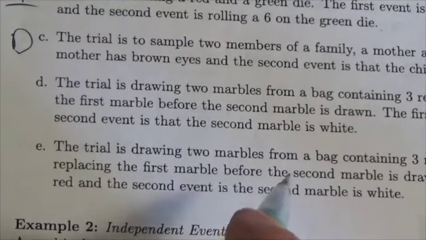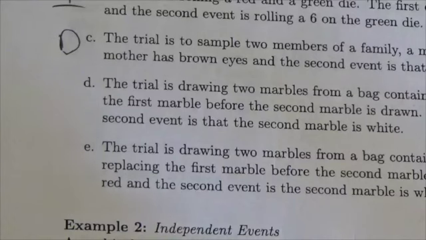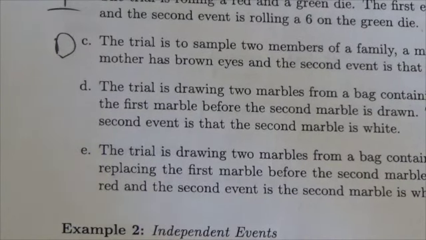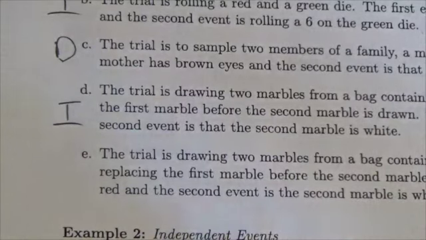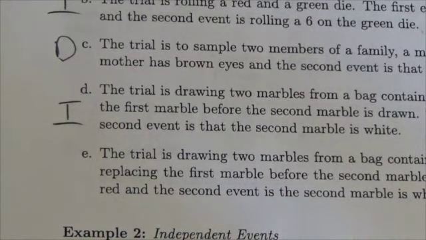Now, does the first event affect the sample space for the second event? And in this case, the answer is no, because when you took that first marble, you put it back. So we go right back to the initial situation. These are independent. That first event does not change the sample space for the second event.